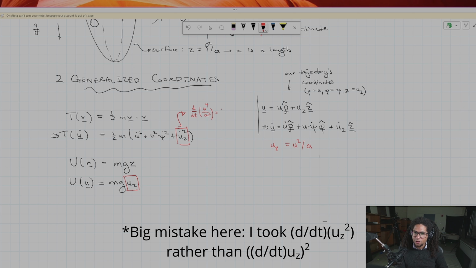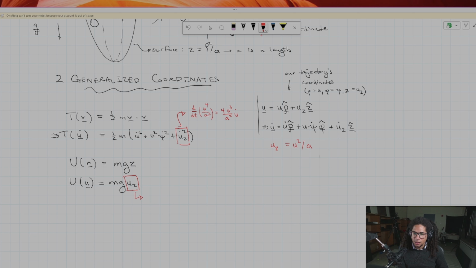This is going to give me 4u cubed over a squared times u dot. Good. Meanwhile, down here, it's slightly simpler. This is just exactly u squared over a. Okay.